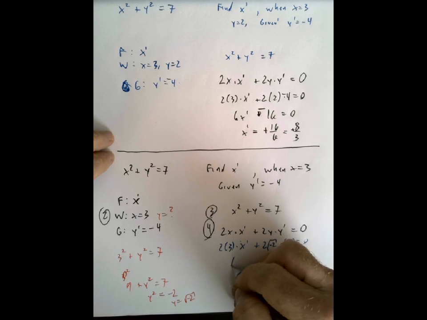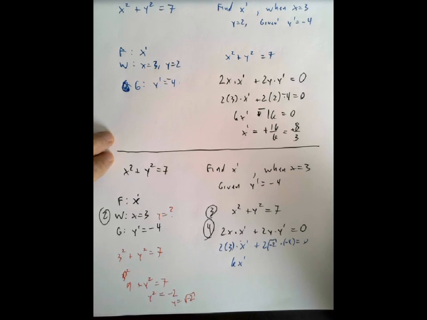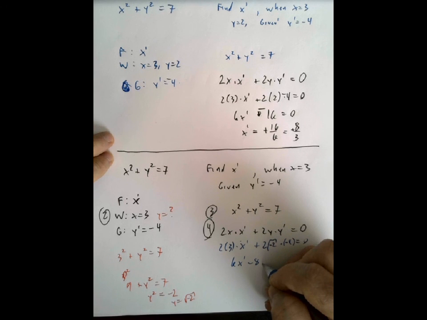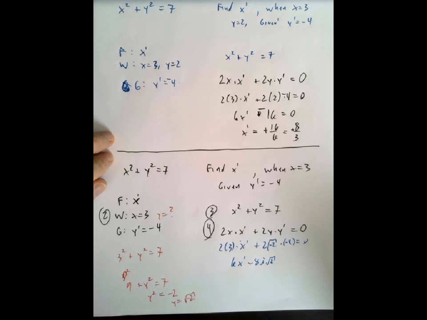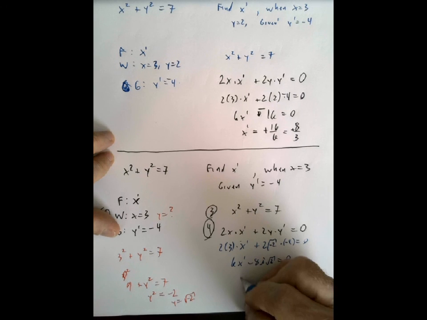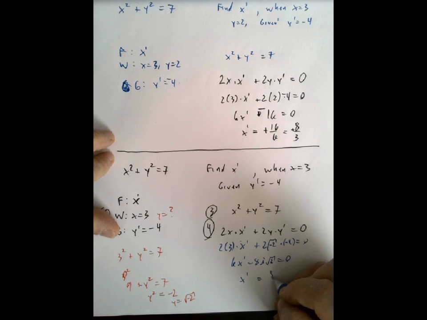So that's 6x prime, and this is going to be negative 8i rad 2, as we called that, equals 0. So x prime is going to be equal to 8i rad 2 over 6, and there's our related rate.